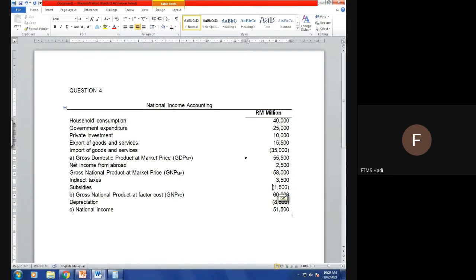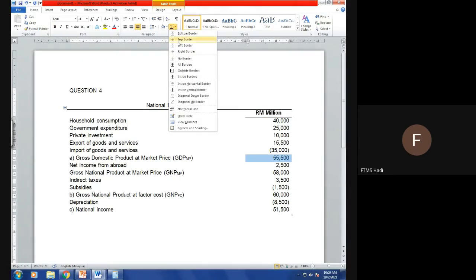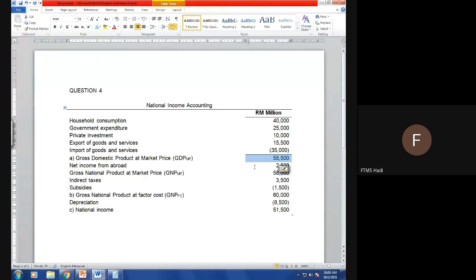Top border because this one is for question A, and this one is the calculation for GNP at market price.